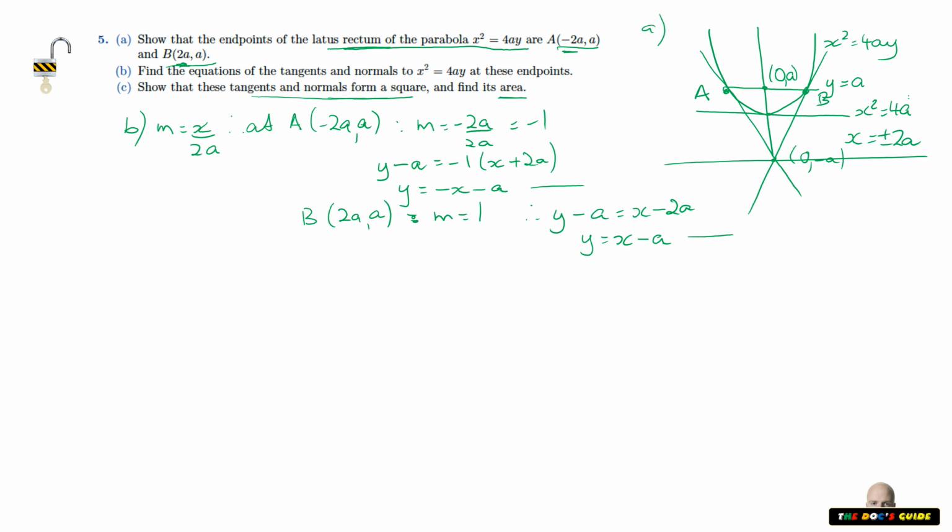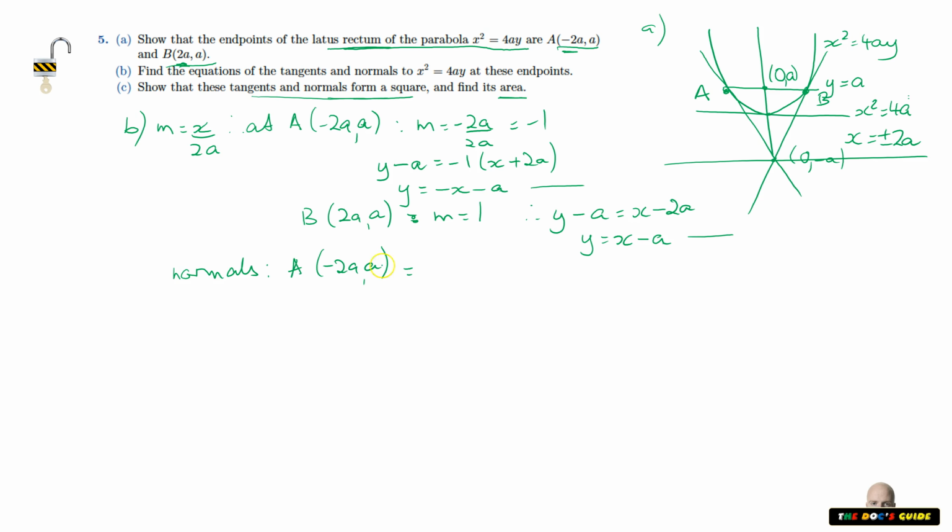Now, if we then get the normals at these endpoints, so for the normals, at A, the slope of the tangent was minus 1, so the slope of the normal is minus 1 over minus 1, so that slope will be plus 1.